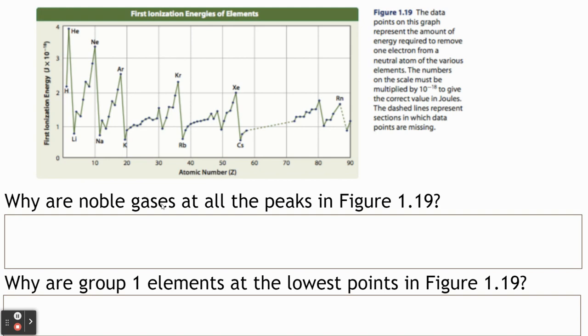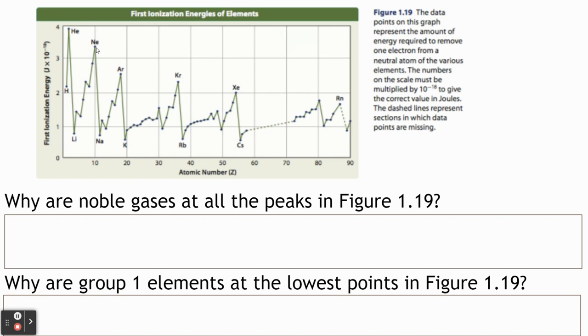So why are noble gases at all the peaks in figure 1.19? Notice the noble gases are all at the peaks. So how come the noble gases have the highest ionization energy within their periods? The idea is that within their periods, the noble gases have a greater effective nuclear charge, and so hold on to the electrons more strongly and require more energy to remove those electrons from their valence shell.